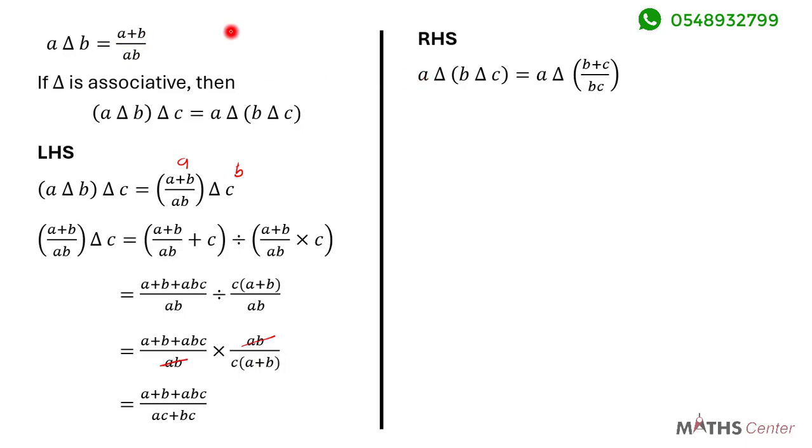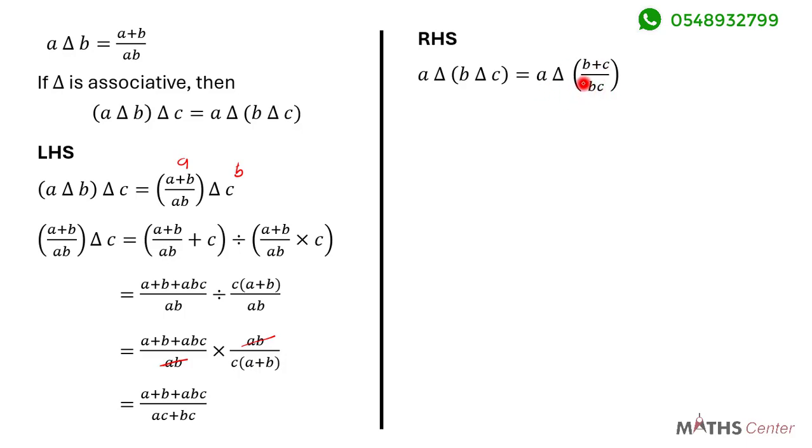So if we compare a delta b to b delta c, we can see that b will be a and c will be b. So b delta c will be b plus c divided by bc. So a delta b delta c into bracket will give us a delta b plus c divided by bc.